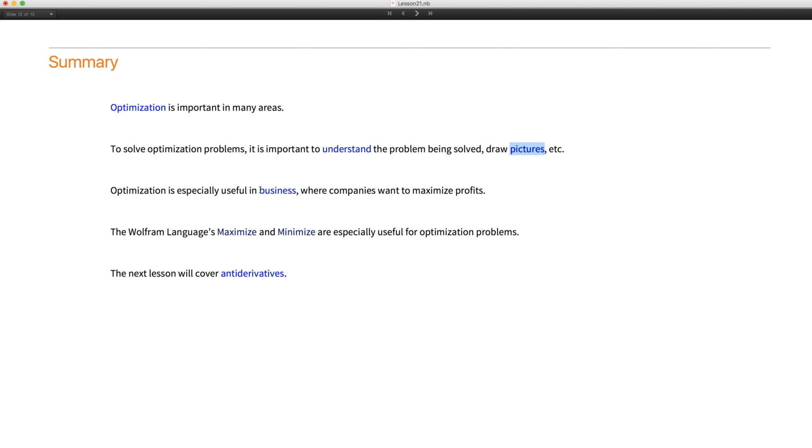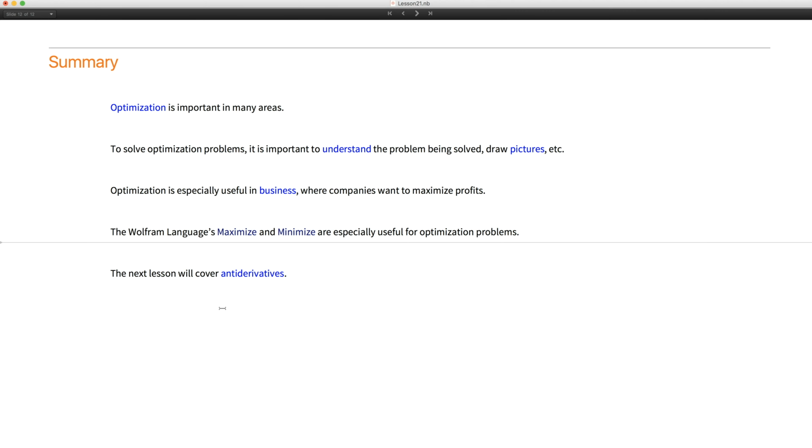And of course, if you are in business, then optimization is particularly important because you want to maximize your profits. So you need some kind of quantitative way of maximizing profits. There are two built-in functions, Maximize and Minimize, which are really useful for solving such problems.